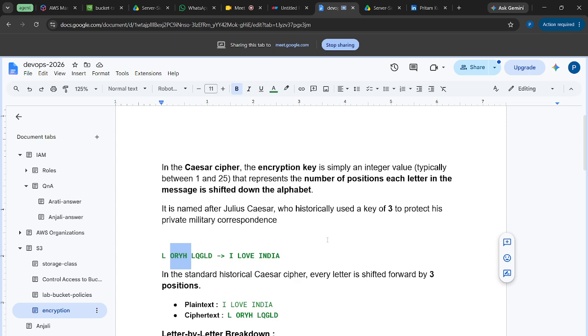Before sending the message, during their good time or during the king's visit to the neighboring kingdom, they used to hand over a key, or you can say a translator or a library, where it is already written: if I have written L, that means I. If I have written O, that means L. If I have written R, that means O.